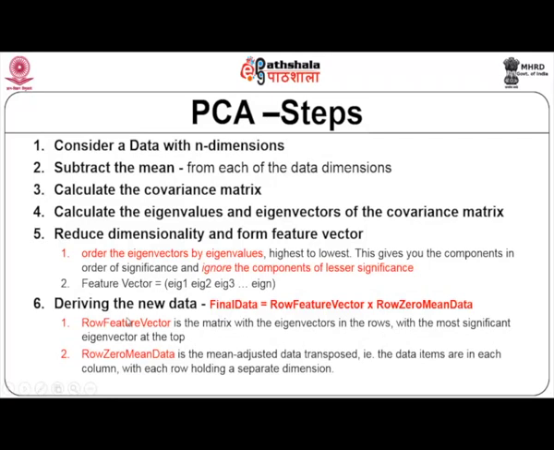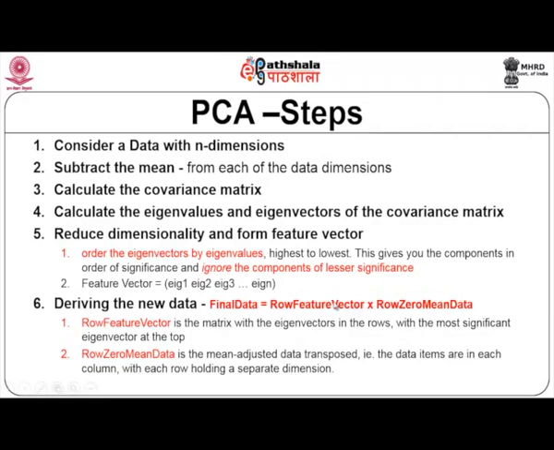Now, how to derive the new data: originally you may have a data set, and now you are going to transform that to a new set of dimensions. For this transformation, you will have to take the row feature vector. The row feature vector in your matrix is nothing but the rows indicating the eigenvectors, and the row zero mean data is the mean adjusted data, transposed.